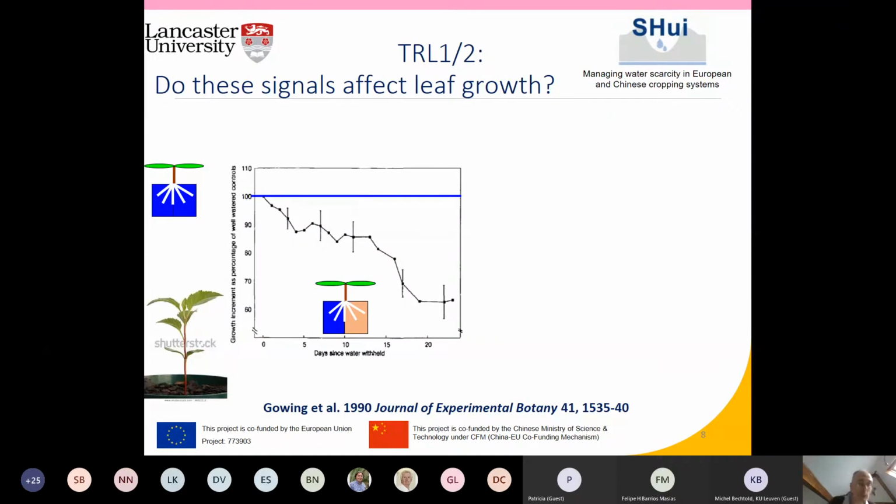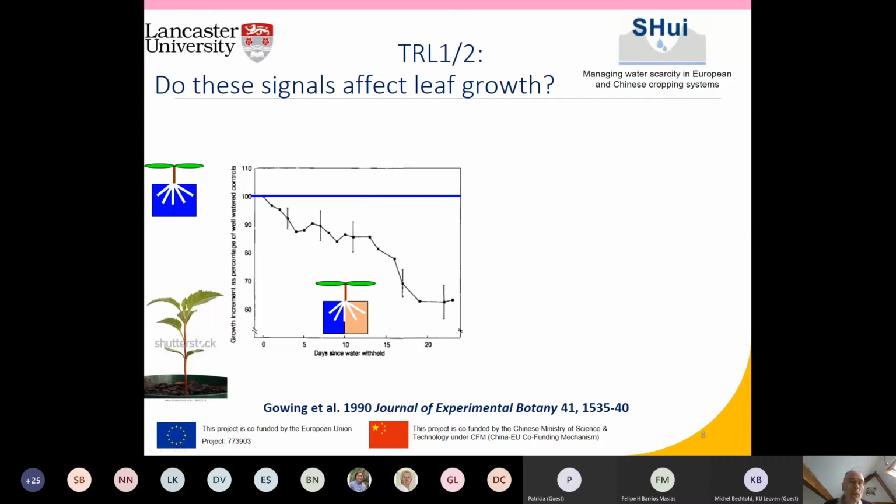In a later experiment done with partial root zone drying in the same laboratory, David Going was working with apple seedlings. In this case, the partial root zone drying plants showed a restriction in leaf growth as the soil dried over a much longer period of time, up to 24 days.